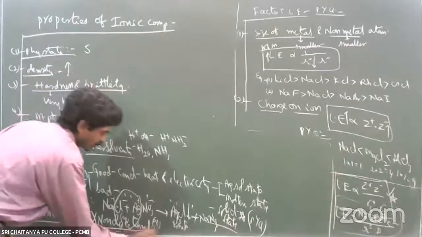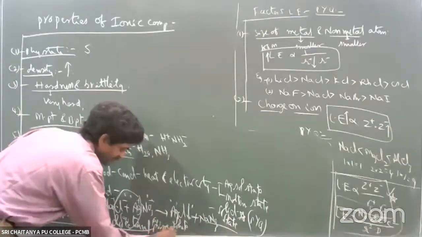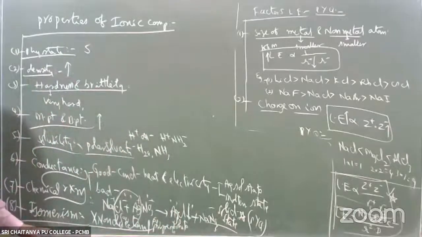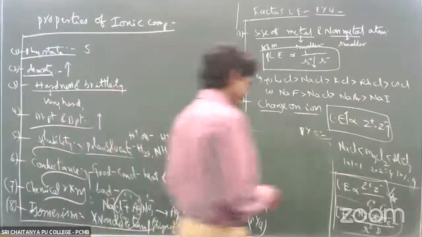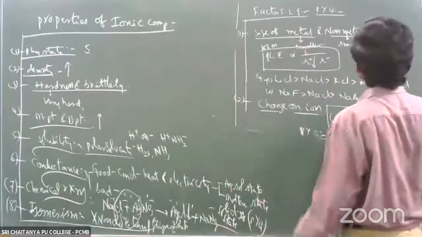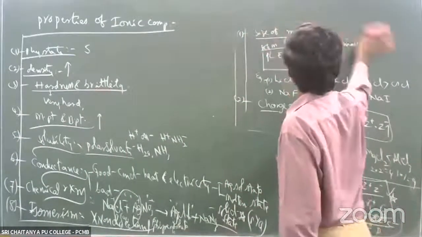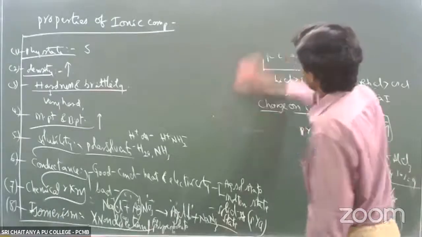Because of that, they don't exhibit isomerism. Got it? So these are the properties of ionic compounds. This is the entire concept related to ionic compounds.